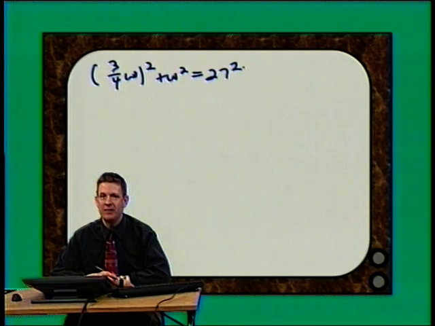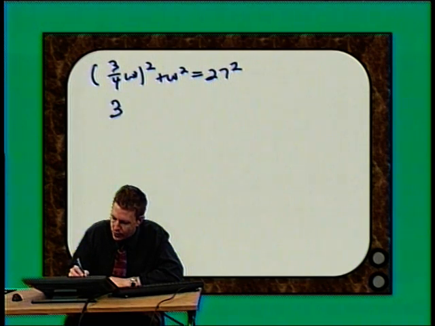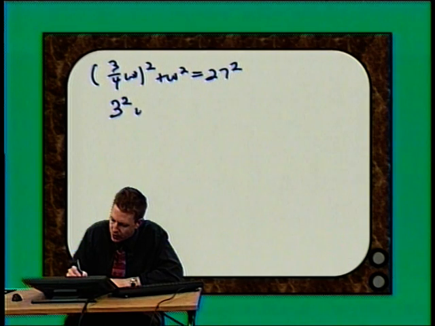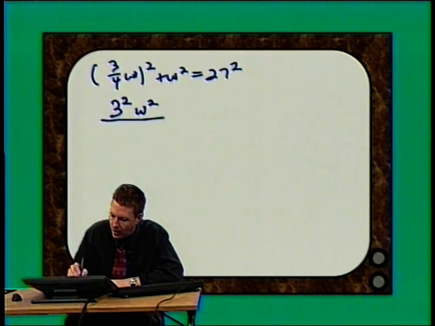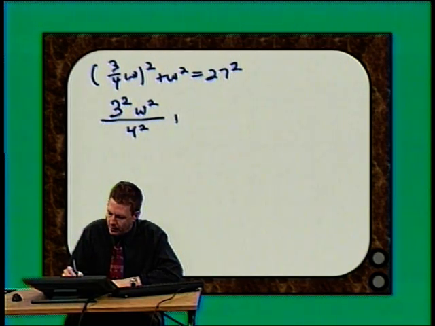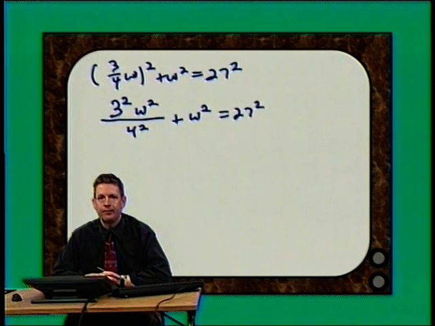I can do that using my rules of exponents. I can distribute that exponent of 2 to every factor inside those parentheses. And that's going to give me 3 squared, and I'm going to go ahead and move the w squared to the numerator side of the fraction bar, all over 4 squared. That plus w squared equals 27 squared.